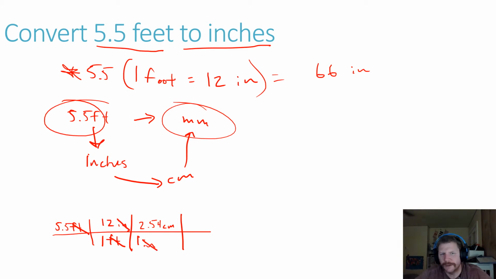So if I did this calculation right here, 5.5 times 12 times 2.54 divided by everything on the bottom, which is 1, well, I'd end up with units as centimeters. So I would have done this calculation where I've converted 5.5 feet into centimeters, but I want to go a step further. Okay, so 1 centimeter is equal to 10 millimeters.